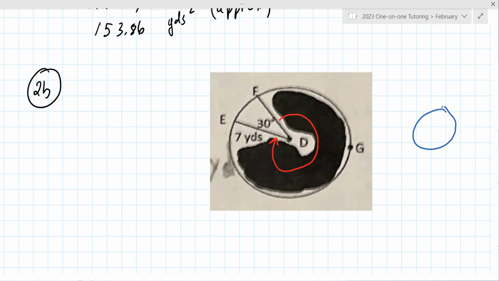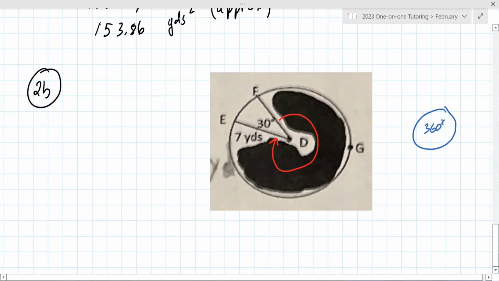How many degrees are in a circle? That's 360.